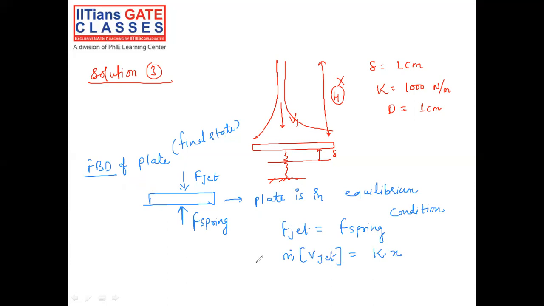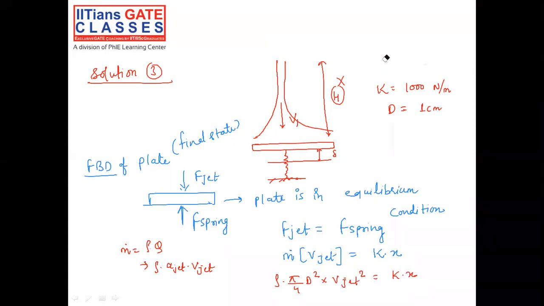Now, coming to the solution part, it is very easy. Mass flow rate: what is the mass flow rate? Of course, rho into Q, that is rho into area of jet into velocity of jet. If I put here pi by 4 d square into velocity of jet square is equal to k into x.